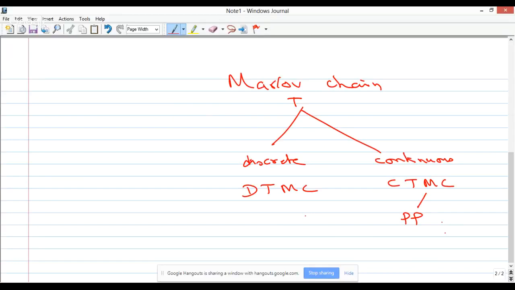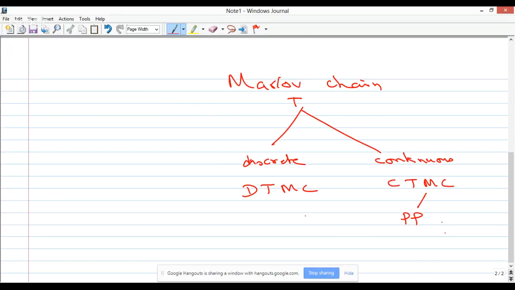And later, whenever it has the birth death property, whenever the Q matrix of the CTMC is a tridiagonal matrix, we call it a birth death process. This is going to be a special case of the birth death process, and this is going to be a special case of the pure birth process, that is the Poisson process.